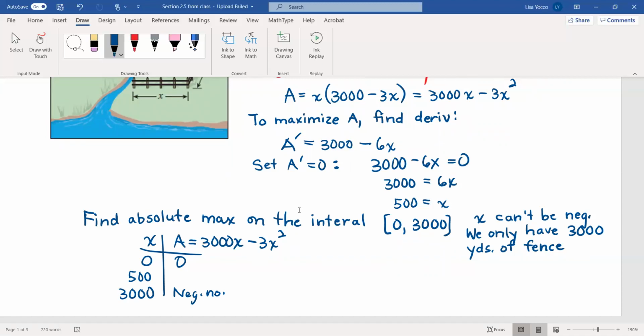So it's going to have to be the 500. And let me substitute that in. Actually, I'm just going to go ahead and put it in y equals. So I can just go to my table.